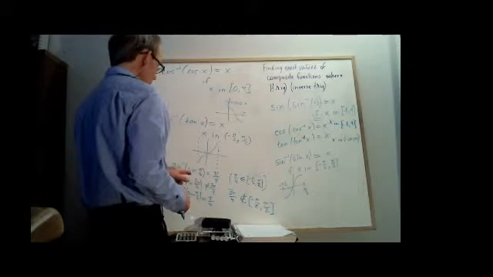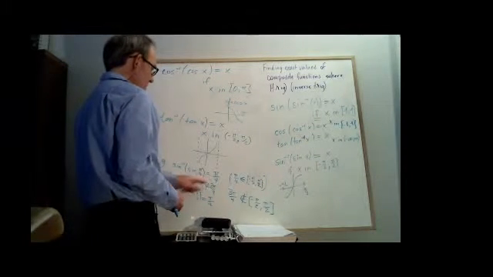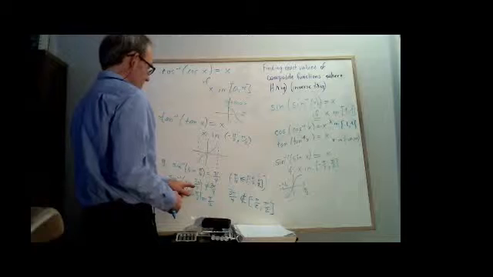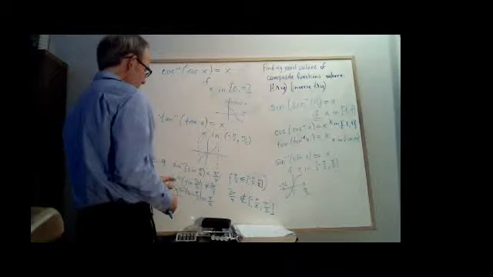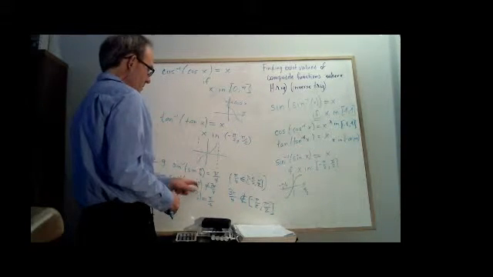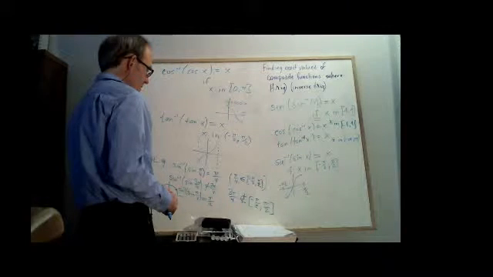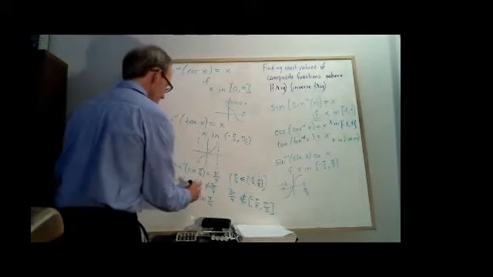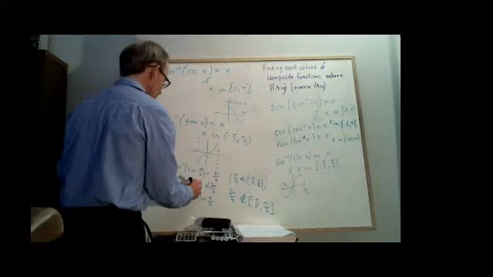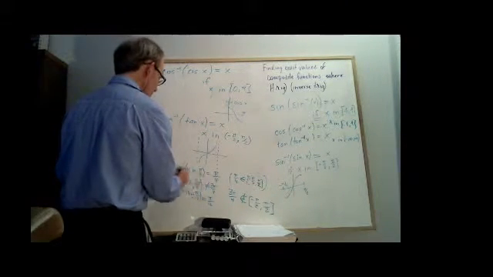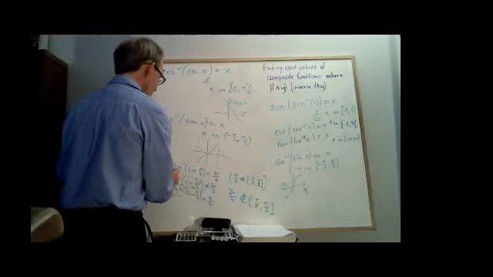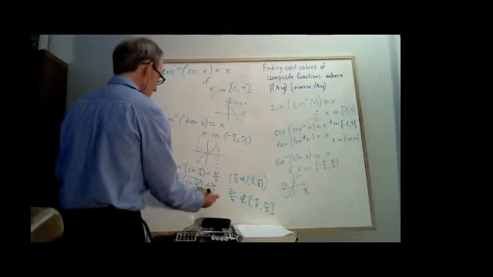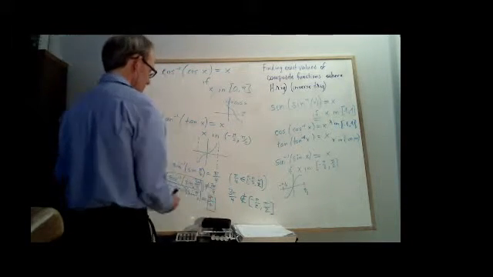Okay, so let's say that again. If the value that you plug in is not in the correct domain, then the result of taking the inverse sine of that is not going to be equal to the original value. To get the correct value, this whole thing is equal to this here. So that's the answer.